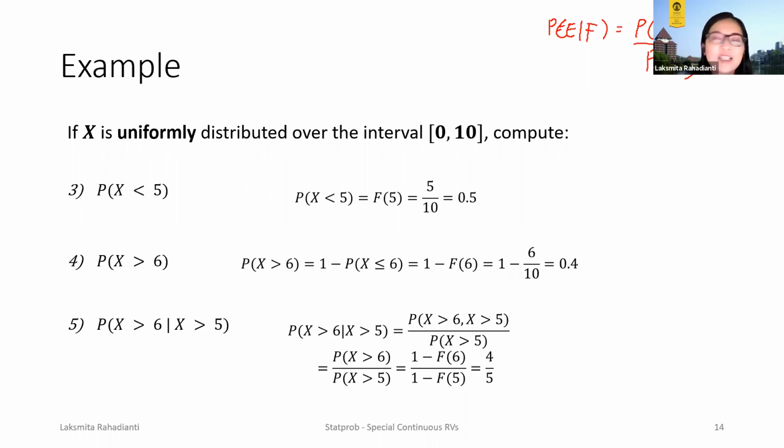That's a little trick here: if your X is larger than 6, it will always be larger than 5, correct? That is why we can simplify by computing only the probability of X being larger than 6. And thus we can compute the final probability using the uniform distribution.